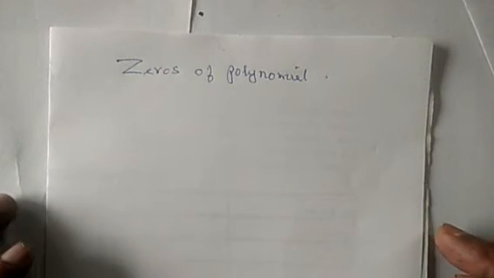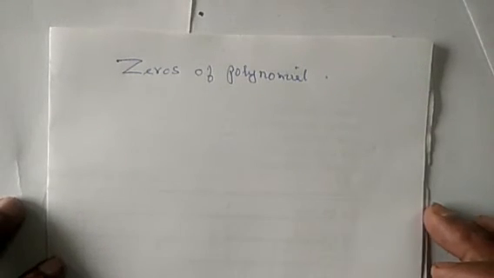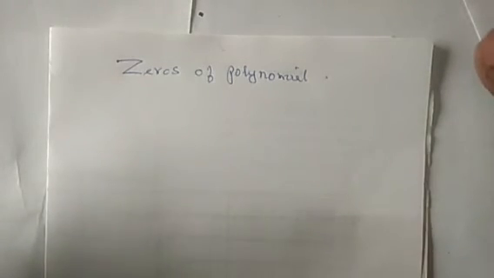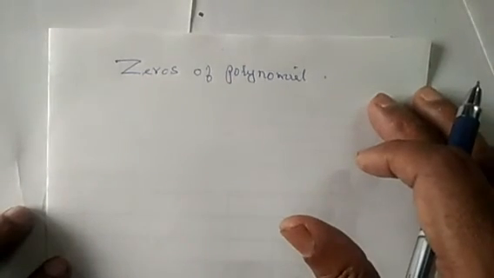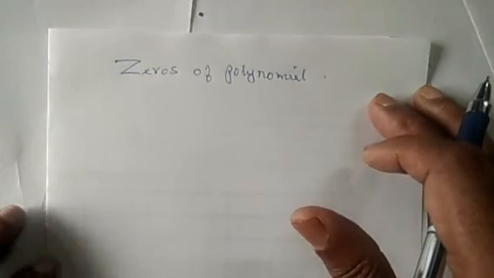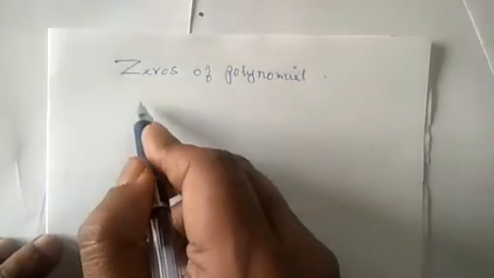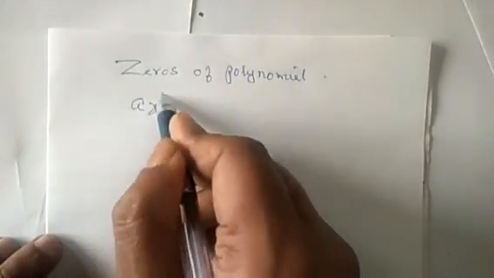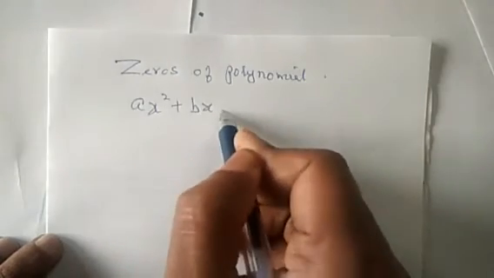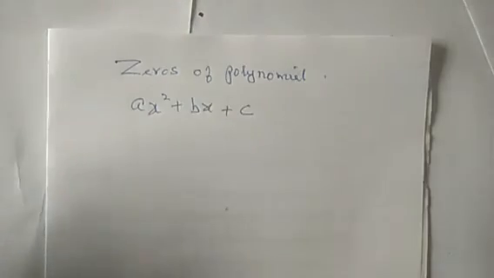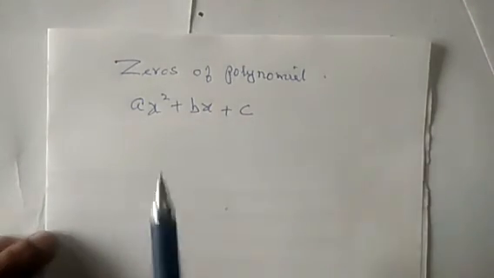So now guys, you just see zeros of polynomial. What do you mean by zeros of polynomial? Now suppose I have taken one equation here, ax square plus bx plus c. I have just taken one algebraic expression.